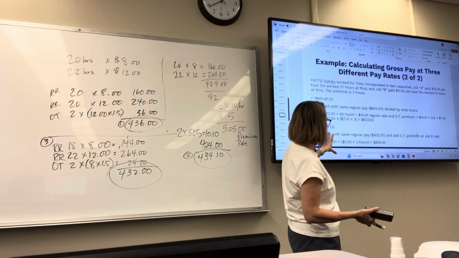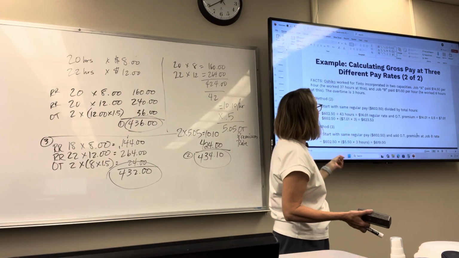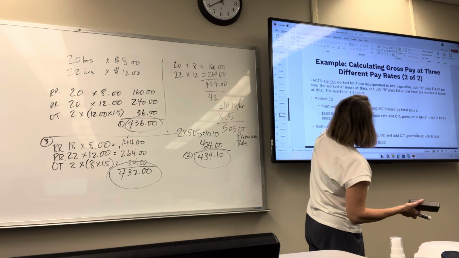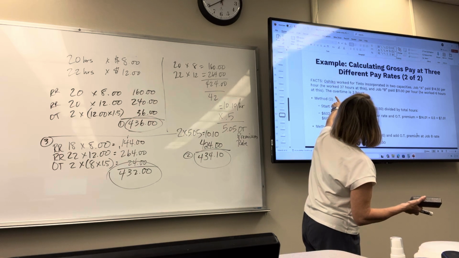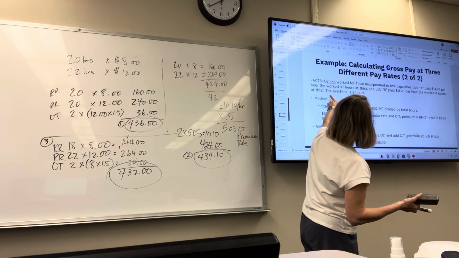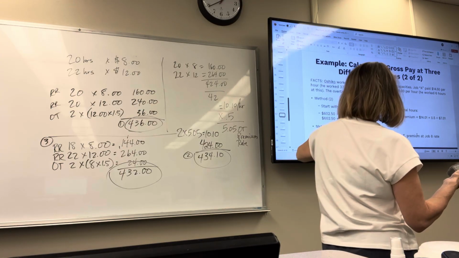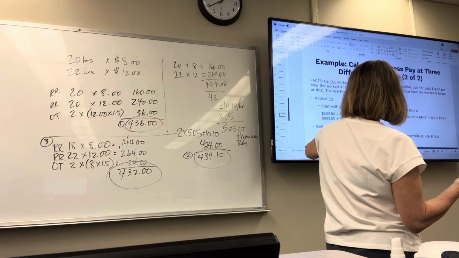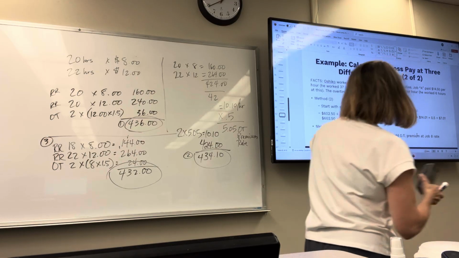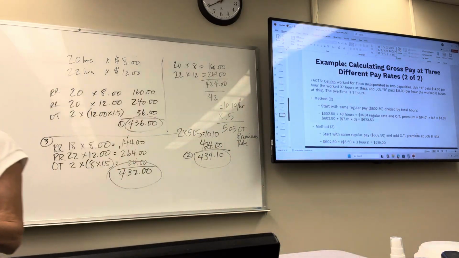Method 3, now we need to know, so it tells us over here, I think in this one, 6 hours at this. Do they tell us what he... I don't know if they give us enough information, but they've answered the question. Overtime is 3 hours.